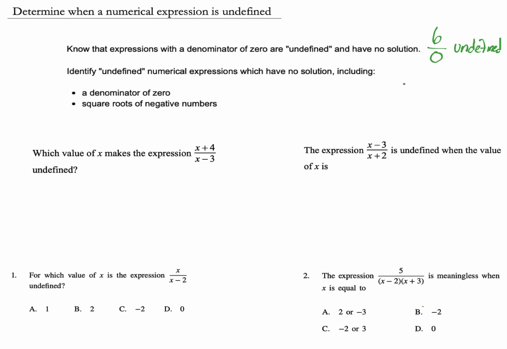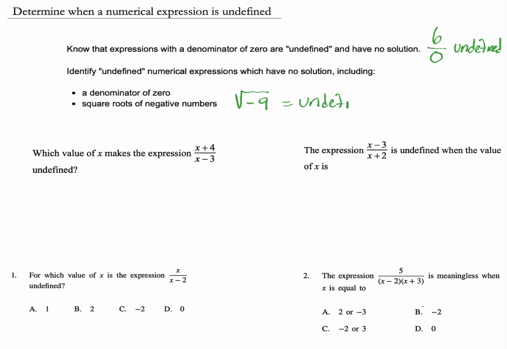Now, I did a video of this for the TASC examination, but on the TASC, they only focused on when the denominator is 0. But the GED added another component where they're looking at square roots of negative numbers. So if you have the square root of a negative number, let's say negative 9, this will be considered undefined.